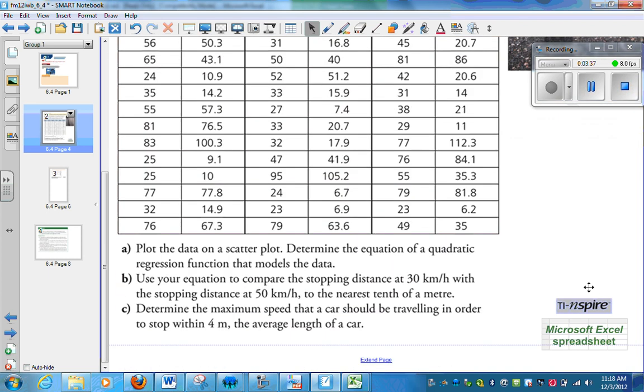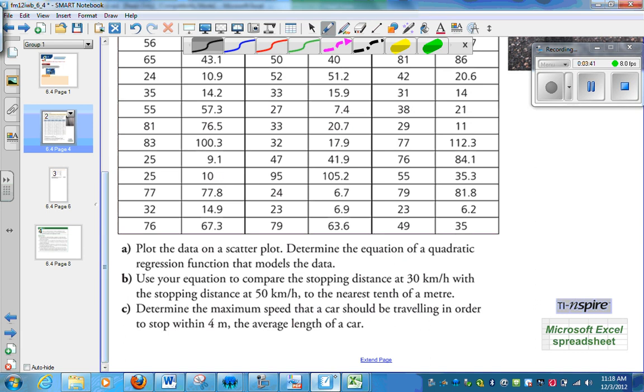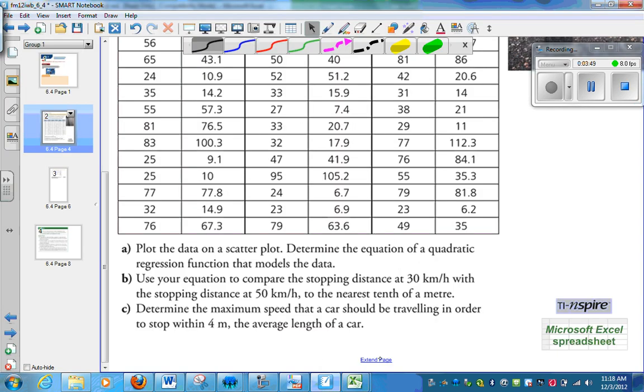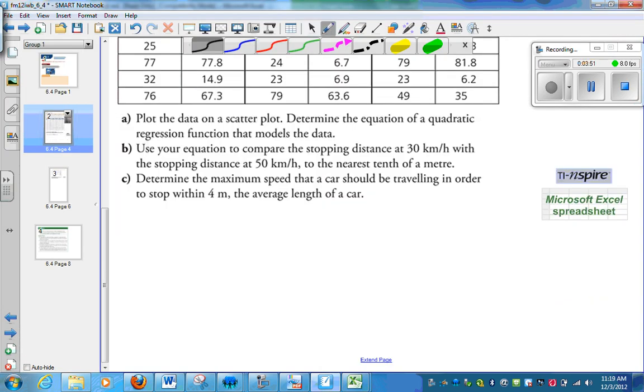What we're going to have to do is sub into our equation. Remember our equation was right here. That's our equation, and I am going to use it and sub in the value of 30 kilometers an hour, so when x equals 30.